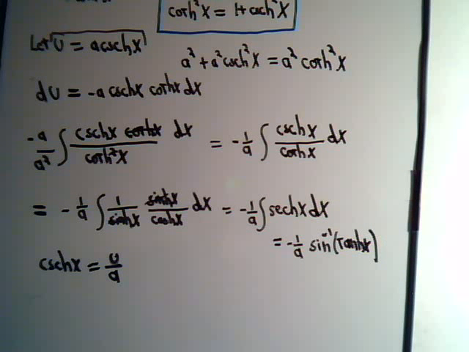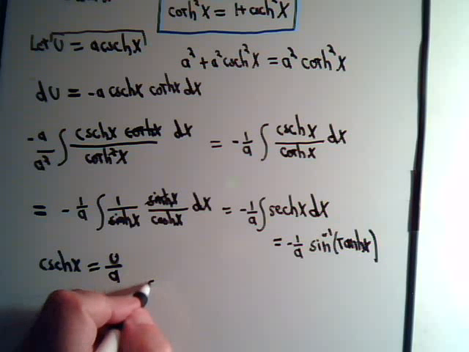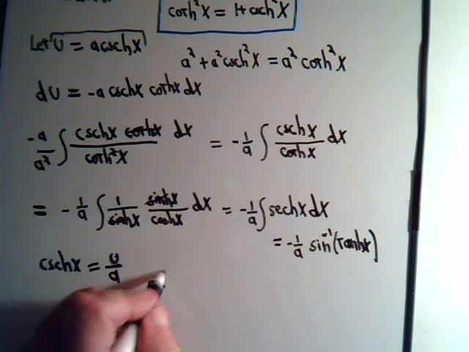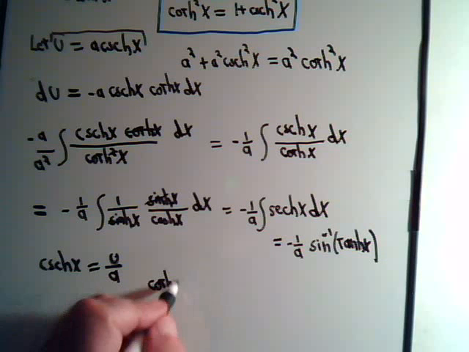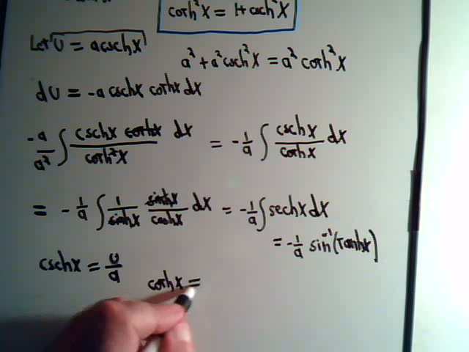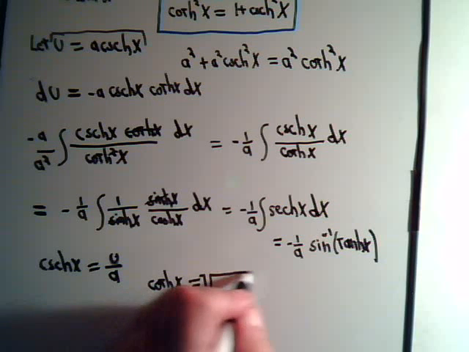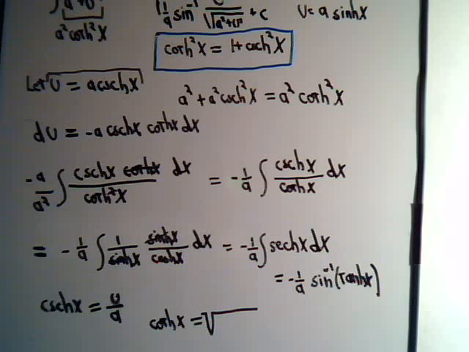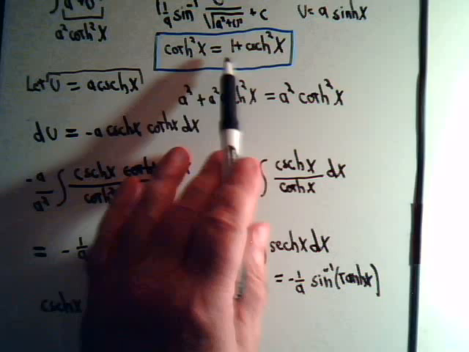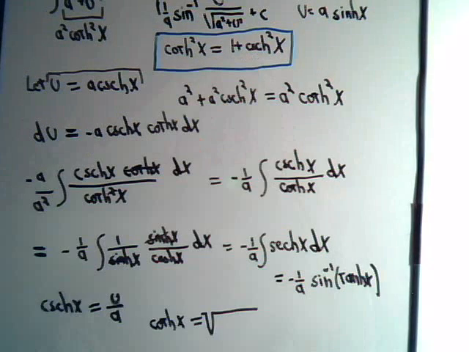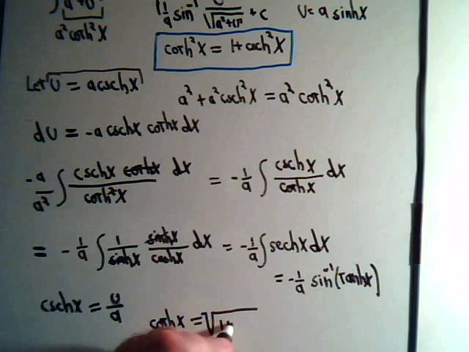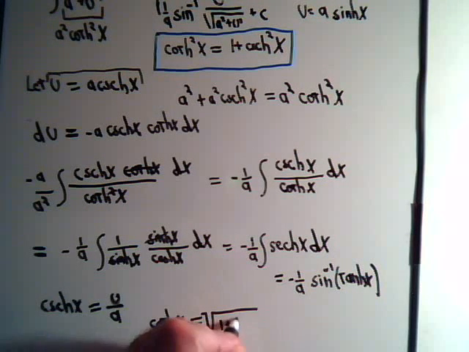So let's see here. The hyperbolic cotangent of x will equal the square root of 1 plus the hyperbolic cosecant squared of x, or 1 plus u squared over a squared.